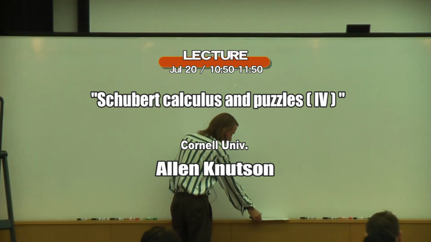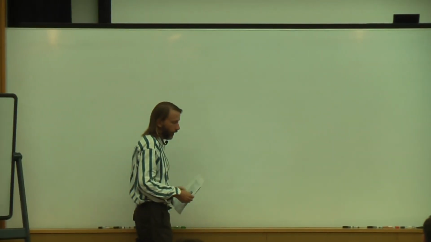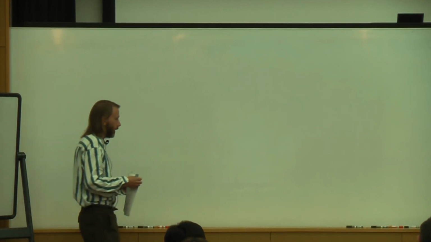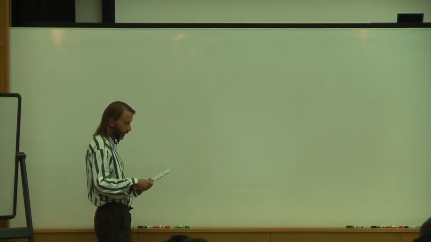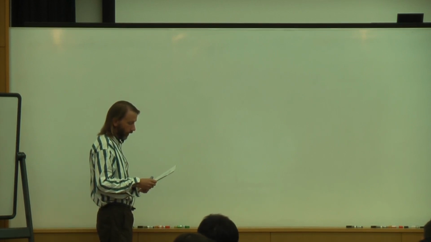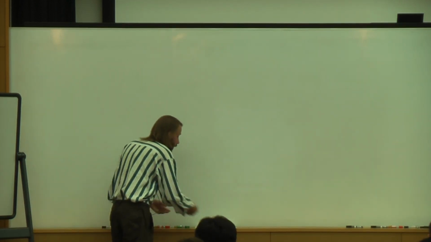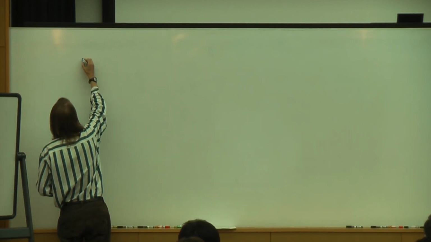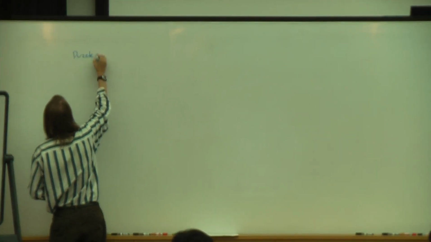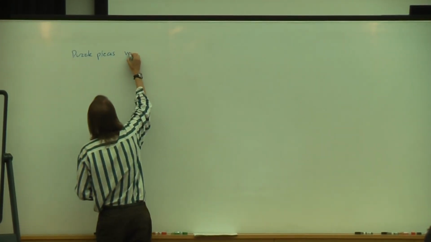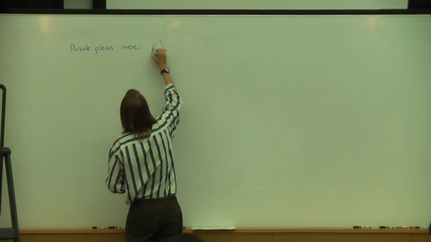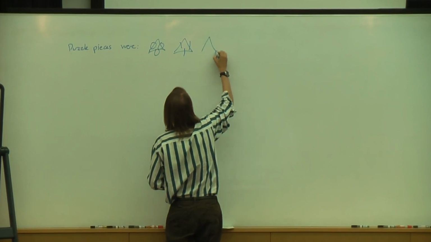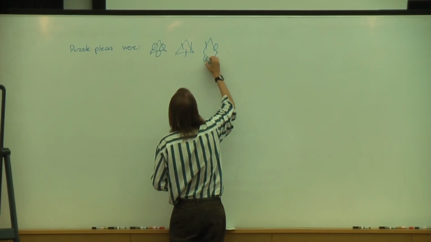So what we did last time, we figured out what happens when you shift around interval rank varieties if you choose the right shifts. And I want to connect that to puzzles. So, the puzzle pieces were this triangle with zeros on it, this triangle with ones on it, and this triangle with ones and zeros.